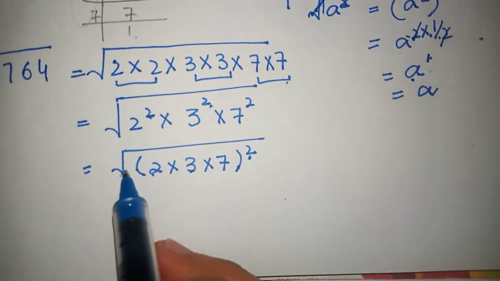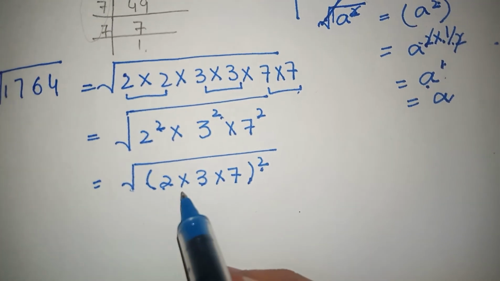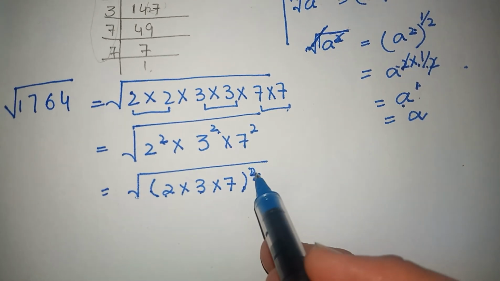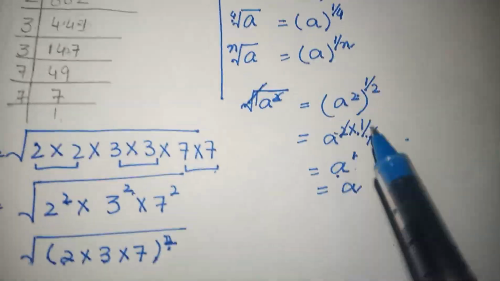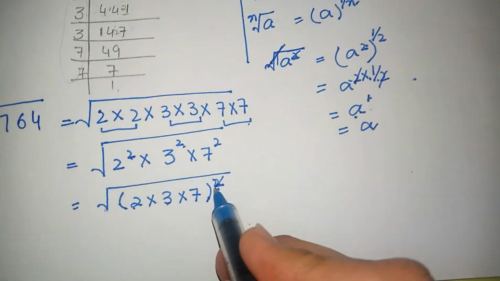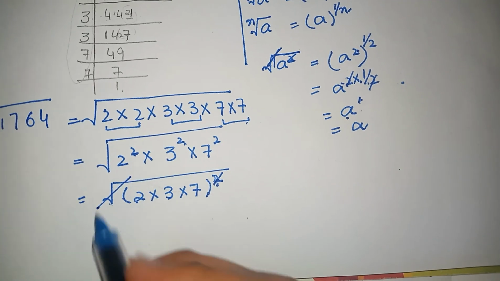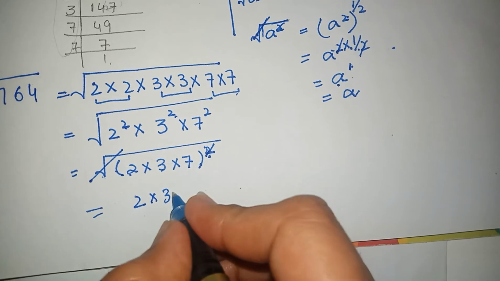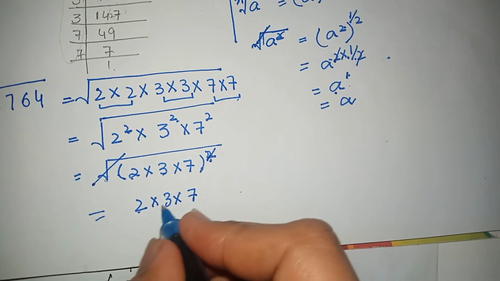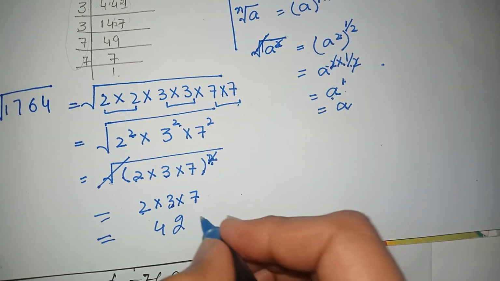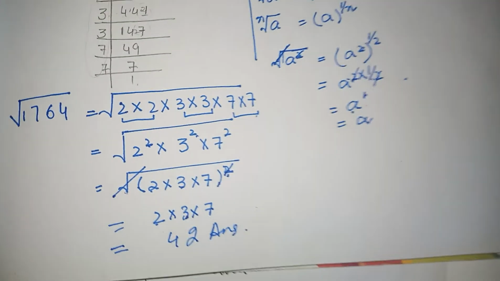Now come to the question, where we have taken common all the powers 2. According to the rule of square and square root, this square will be cancelled by the square root. So the remaining factors are 2 multiplied by 3 multiplied by 7. 2 3s are 6, 6 7s are 42. 42 is the answer.